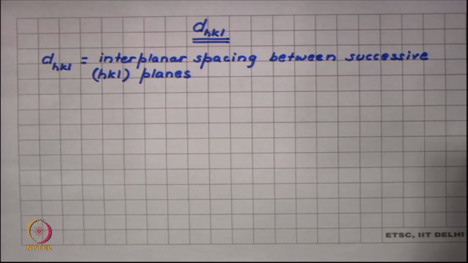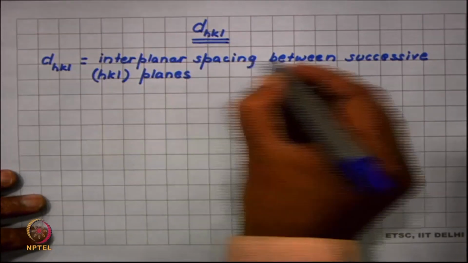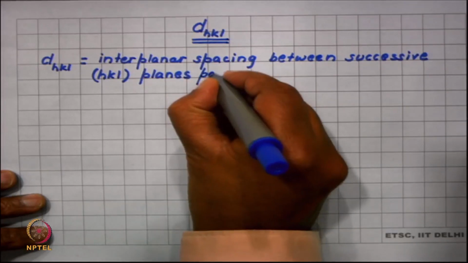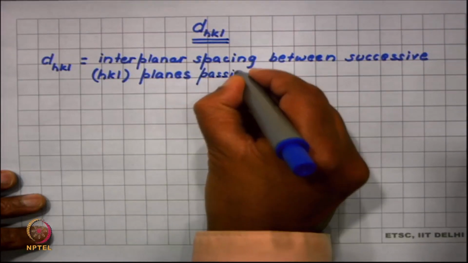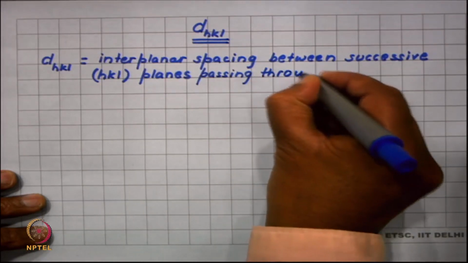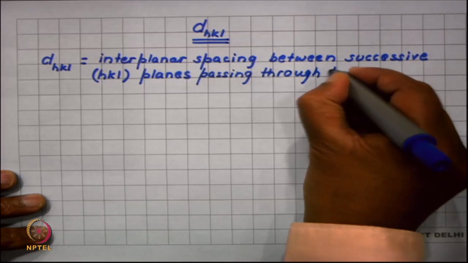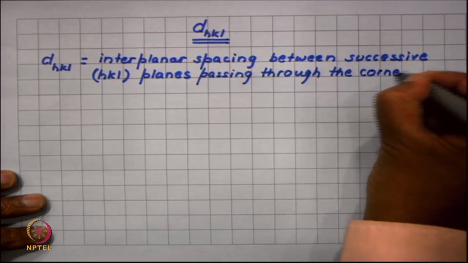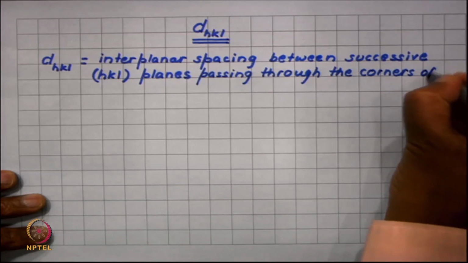So, if you have parallel planes passing through the corners of the unit cell, it is the spacing between successive planes.